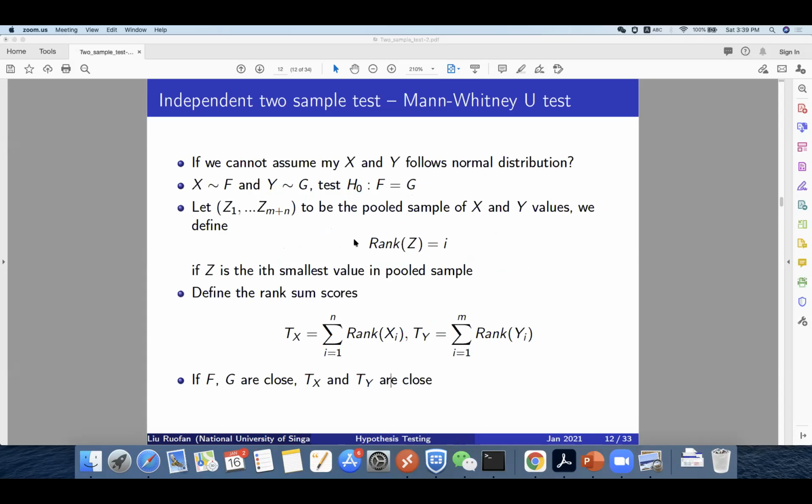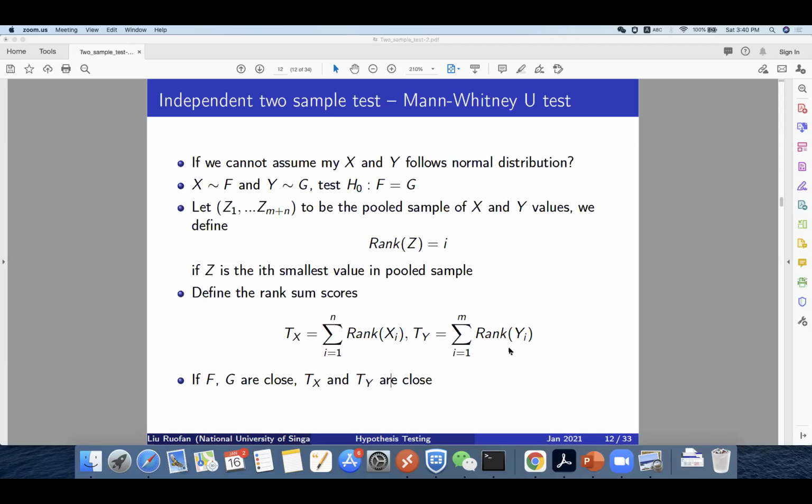Nima, do you understand Tx and Ty here? Not really. So suppose we have two groups, x and y. Then I just pool them all together and rank them. When I rank them, I can compute the rank for each example. So Tx is just the sum of all the ranks for observations from x.